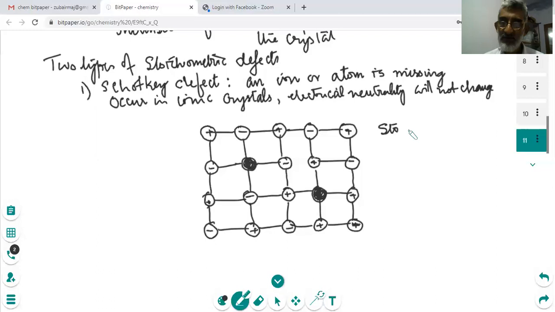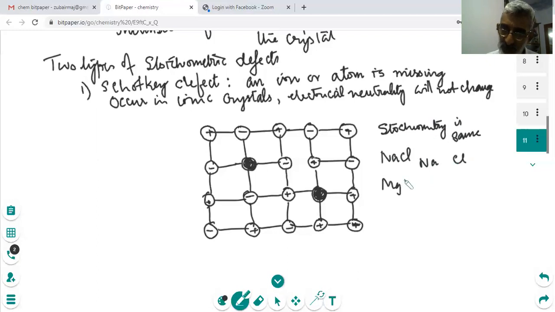So stoichiometry remains the same. Electrical neutrality also remains the same. In the case of NaCl, one sodium is lost, one chloride is lost. In the case of MgCl2, three sites will be lost: one site of Mg and two sites of chloride, because for each Mg you have two chloride.